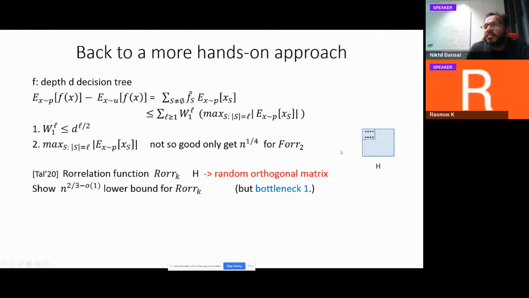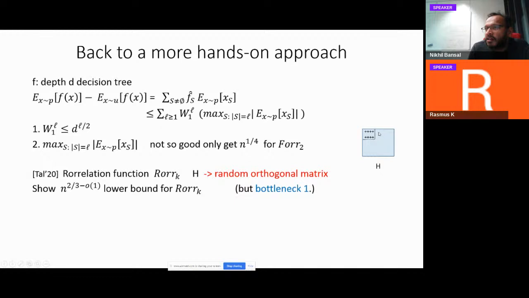But it turns out this Hadamard matrix is bad for that reason. This number can actually be pretty large for Hadamard, because Hadamard can have a lot of large blocks with all +1 entries, so this norm can become very large. The idea of Tal was to replace this Hadamard by a random orthogonal matrix.